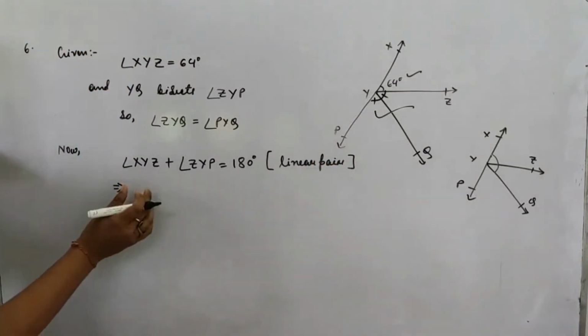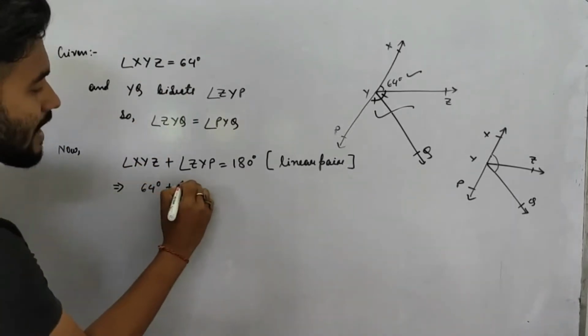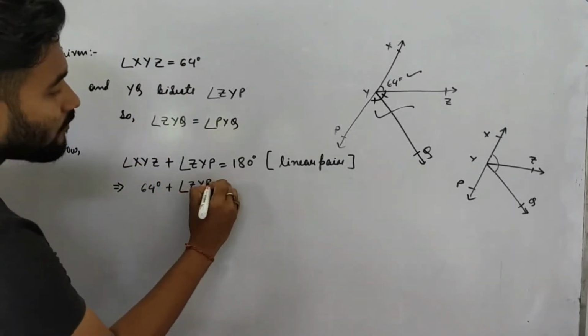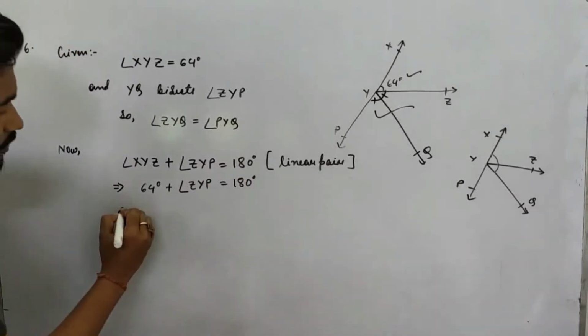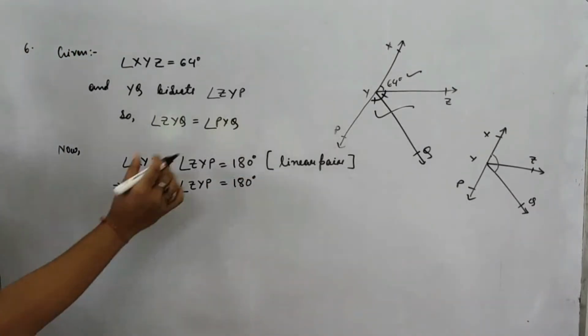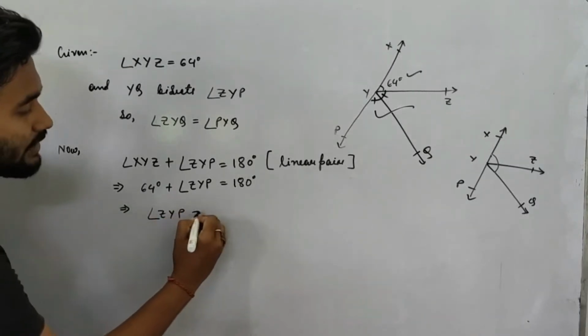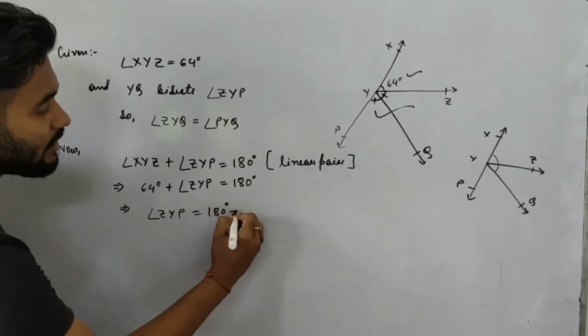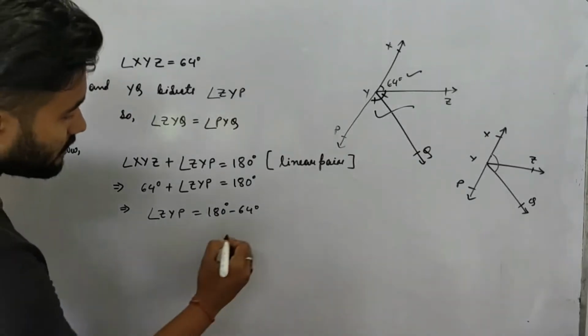So you have the value of angle XYZ. Substitute that value: 64 degree plus angle ZYP will be equal to 180 degree, which implies, taking 64 degree to the other side, simple calculation, angle ZYP will be equal to 180 degree minus 64 degree. So this you will get how much?